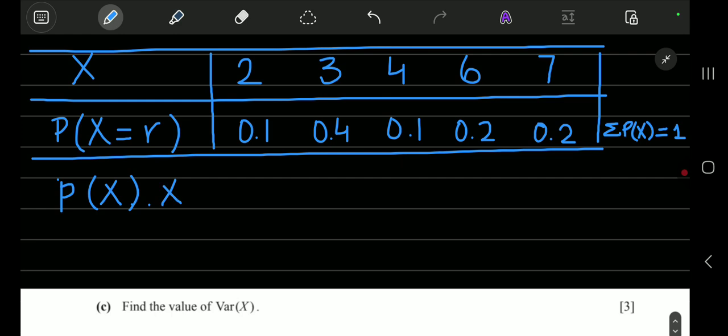So multiply them together. 0.1 times 2 is 0.2, 0.4 times 3 is 1.2, then 0.4, then 1.2 and 1.4.